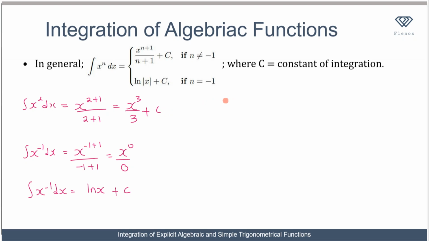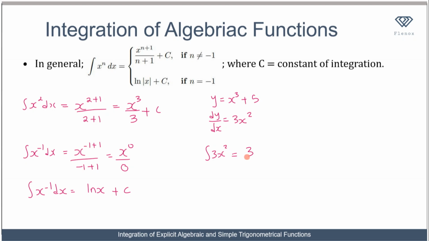So now let's look at our previous example that we solved. We were told that y is equal to x cubed plus 5. Now when we differentiate this function, what do we have? We have 3x squared and our 5 becomes 0. So let's try to integrate 3x squared. To integrate 3x squared, what is the value of our n? The value of our n in this case is 2.